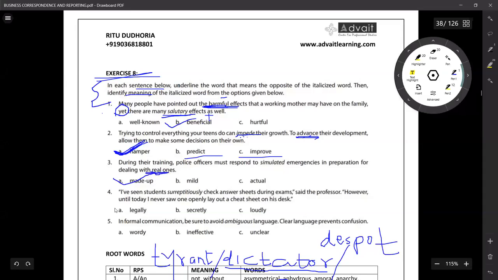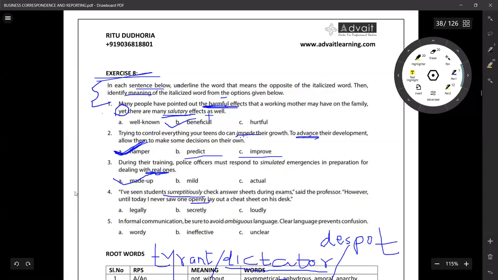Okay. I have seen students surreptitiously check answer sheets during exams. However, until today, I never saw one openly lay out cheat sheets. Nobody does it openly, but they do it surreptitiously. So what is surreptitiously? Nobody does it khullam khulla. Nobody does it openly.